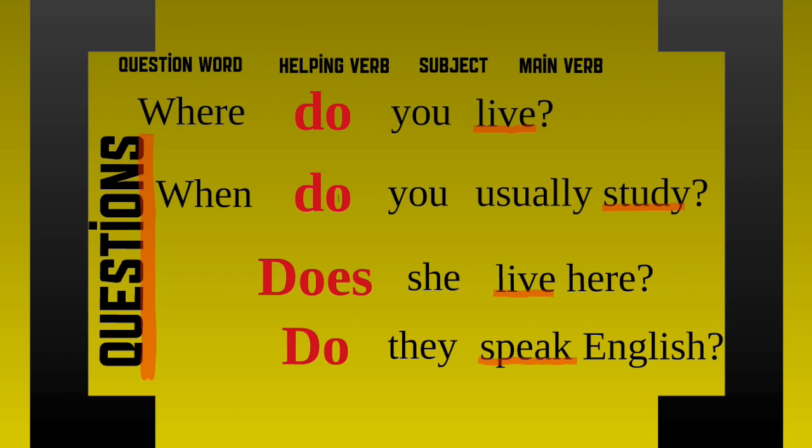Now let's look at questions. First, we start with the question word if we're using one. If we're asking a yes or no question, we don't need a question word. Then we have do or does. Does is for he, she, it. Then we've got the subject of the sentence, you, she, they, the children, the book. And then after that is the main verb in the infinitive, live, study, or speak.